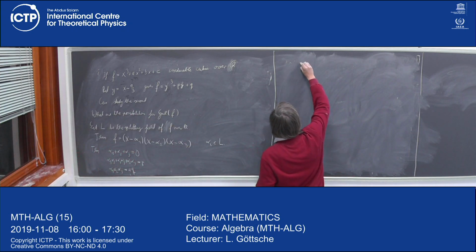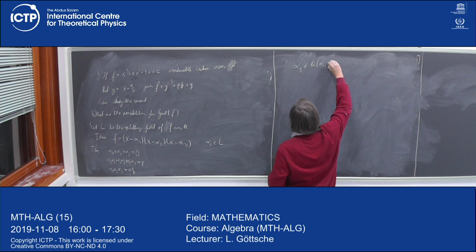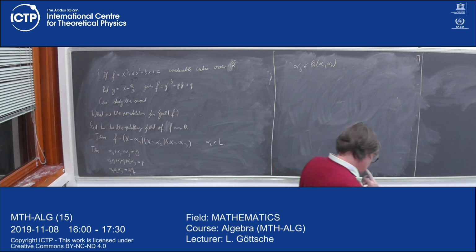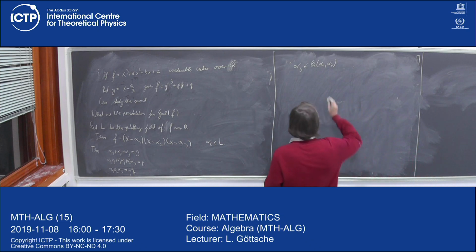Clearly alpha 3 lies in Q(alpha 1, alpha 2) because the sum of the three is 0. So we have to add at most two.